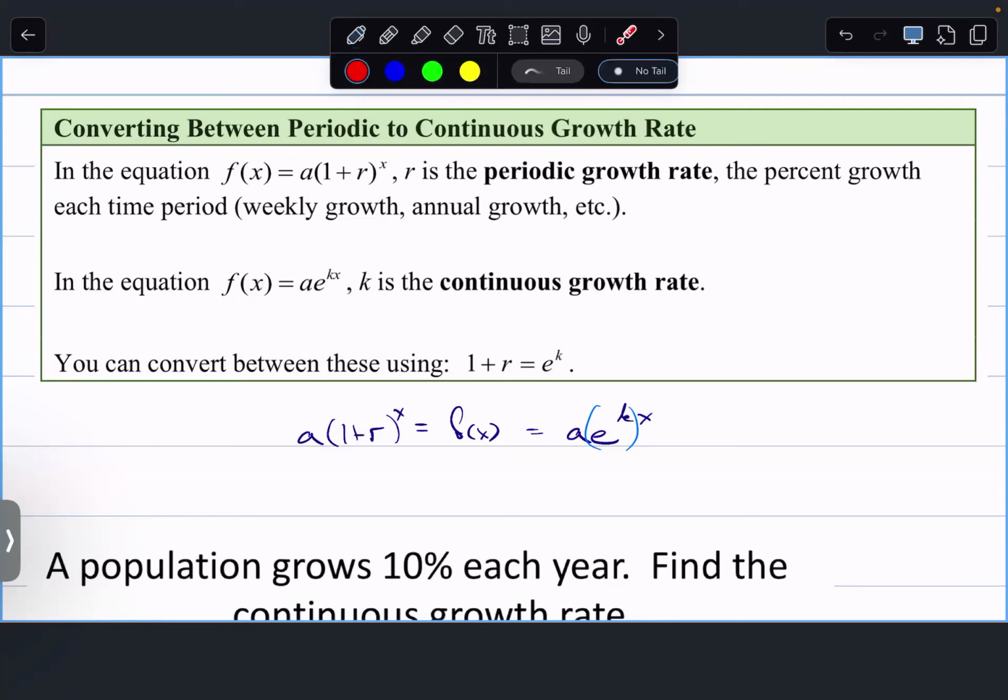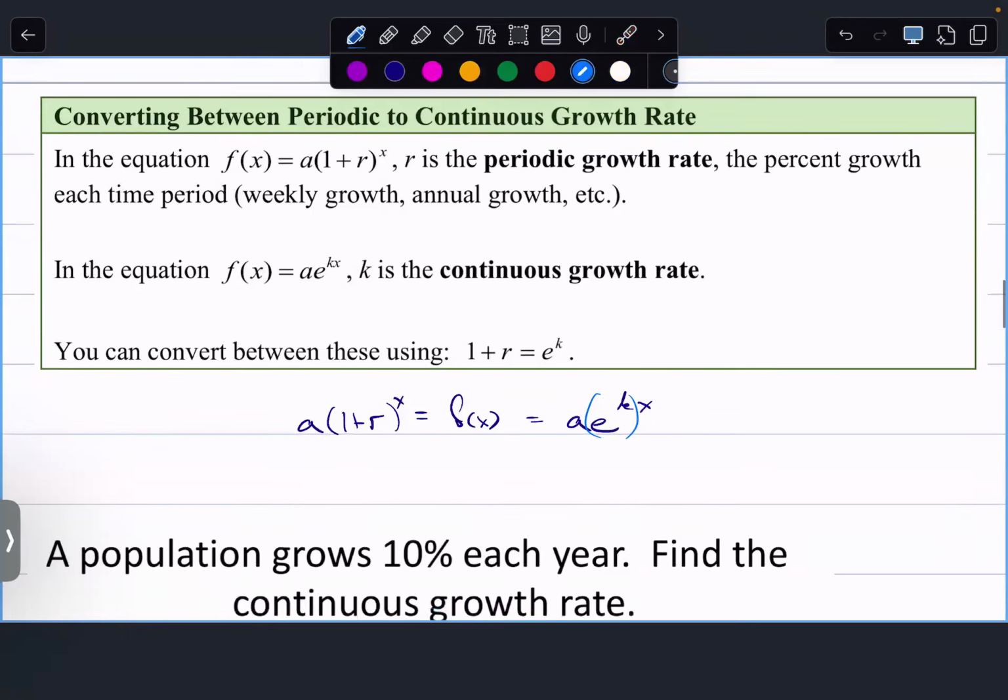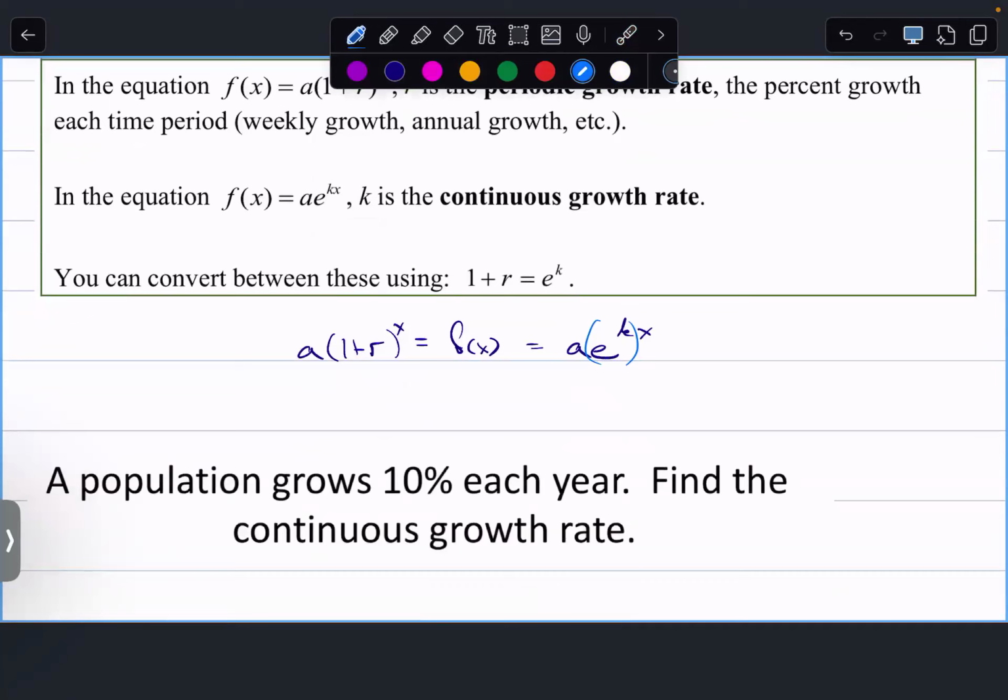Even if you divide both sides by A, the A goes away, and then you've got a power of X on both. So then we get 1 plus R is the same as E to the K.